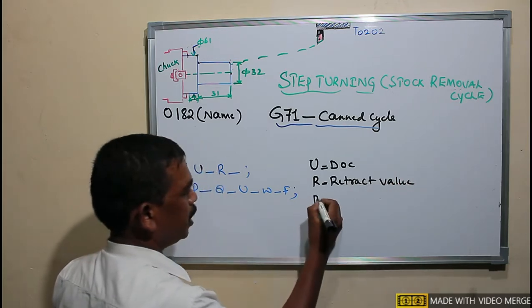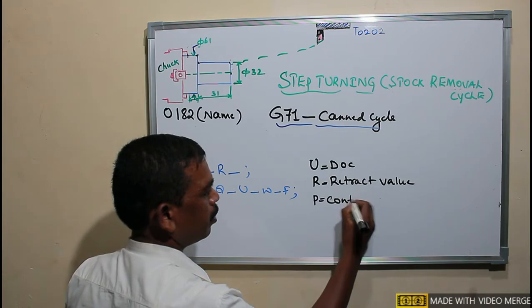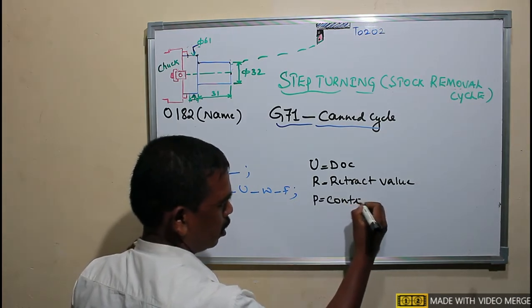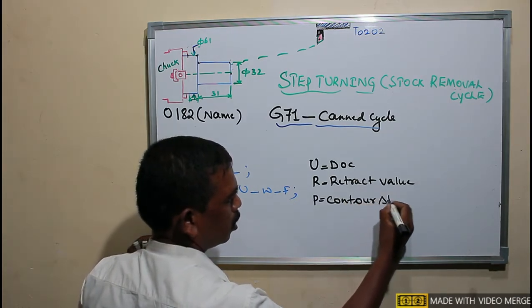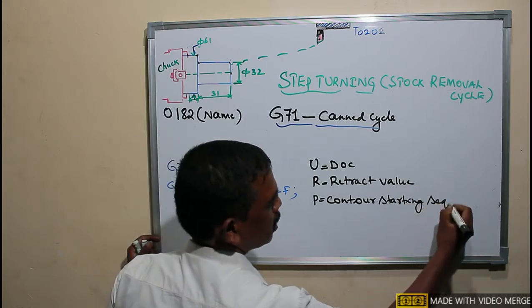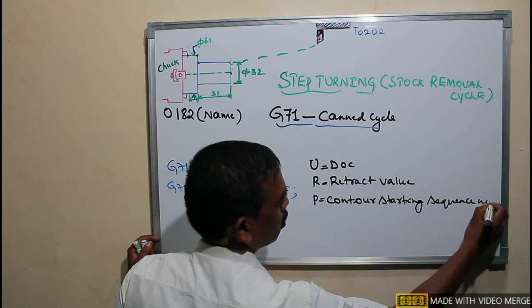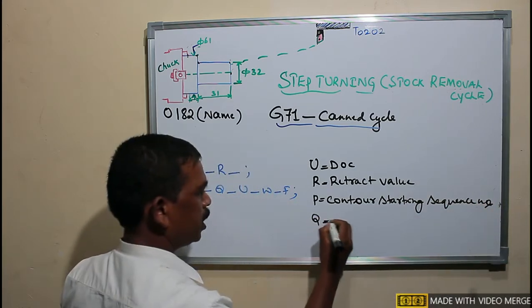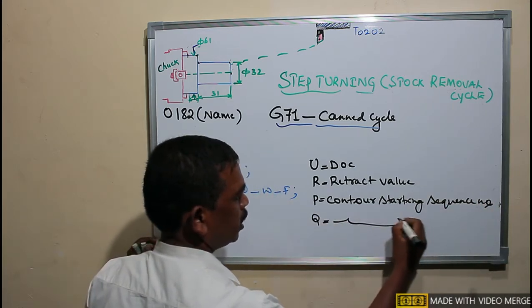P is the contour starting sequence number, and Q is the contour end sequence number.